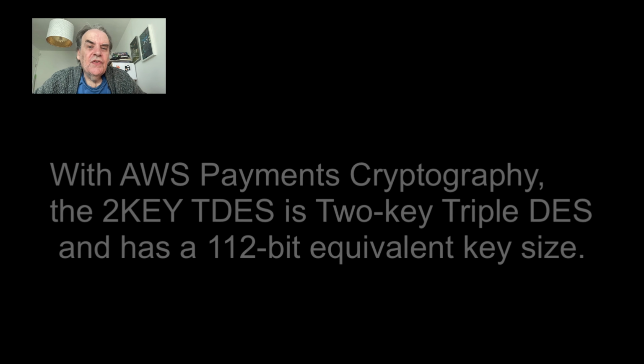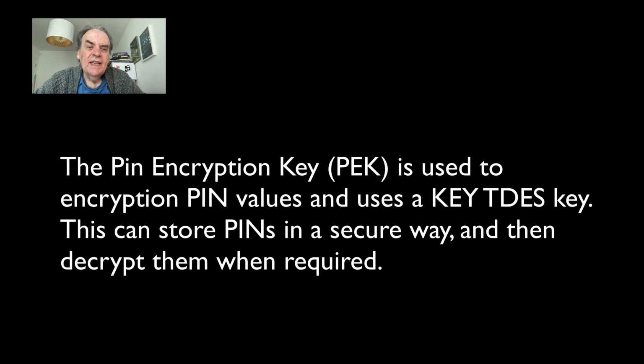The PIN encryption key, or PEK, is used to encrypt PIN numbers and uses a triple DES key. This can store PINs in a secure way and then decrypt them when required.